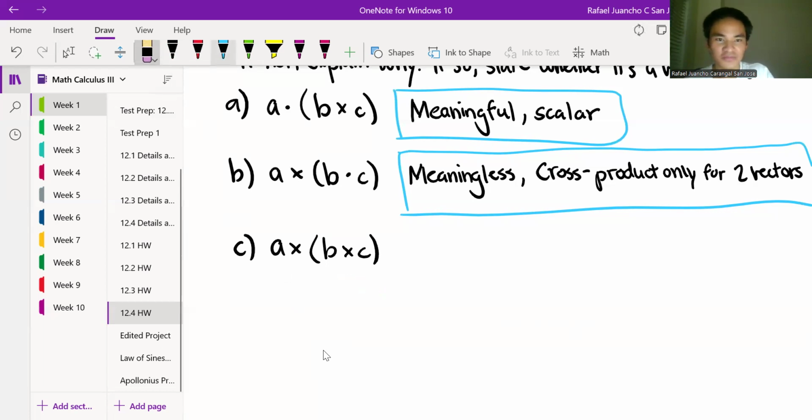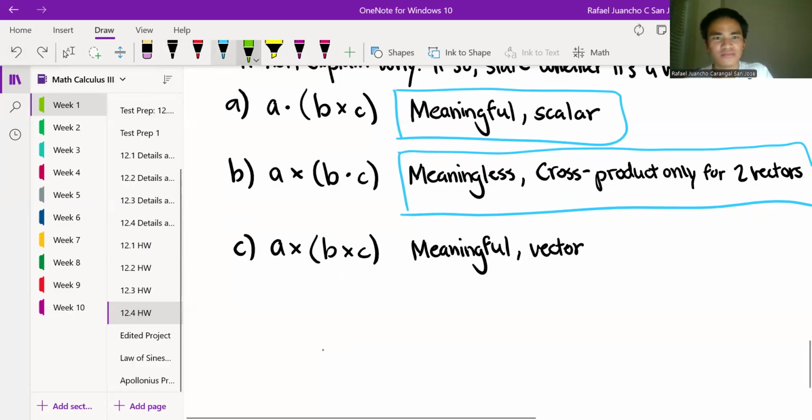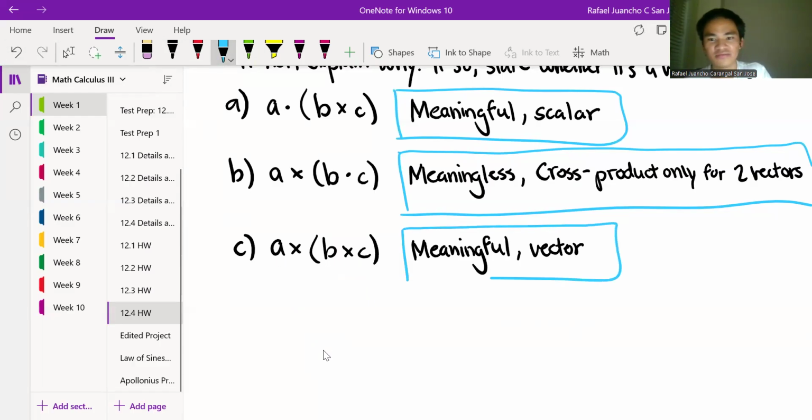So this is meaningful. In other words, it makes sense. And what does this give us? If we get the cross product of two vectors, we get a vector that's perpendicular to both these vectors. So this is meaningful, and it's a vector.